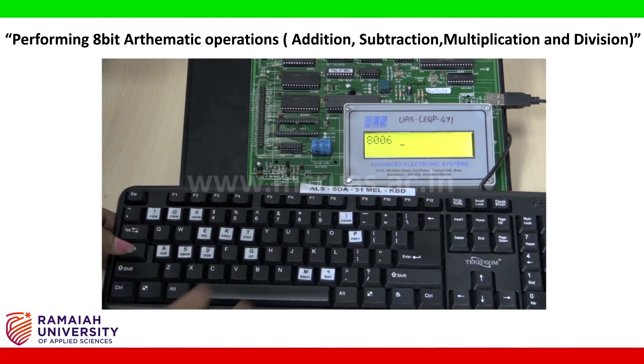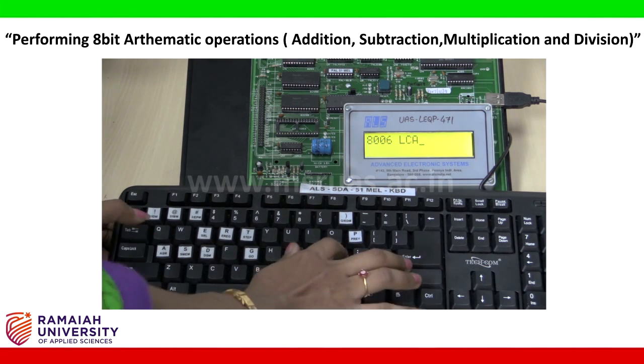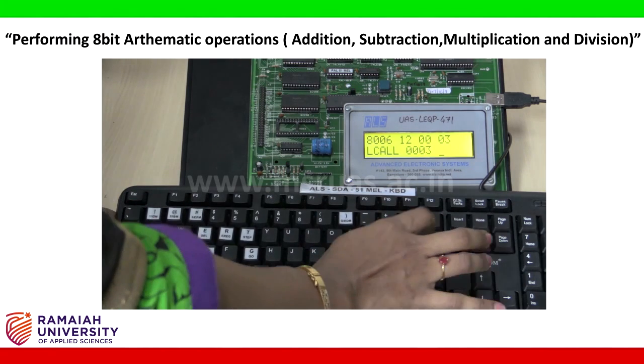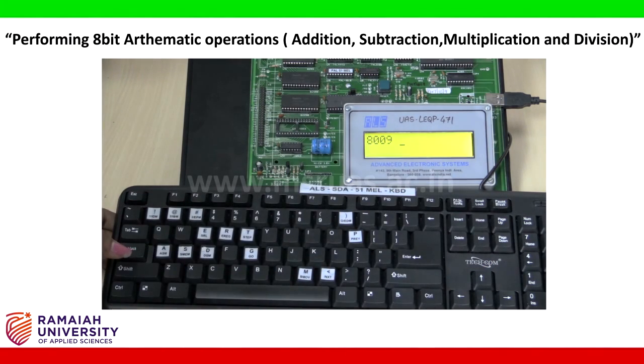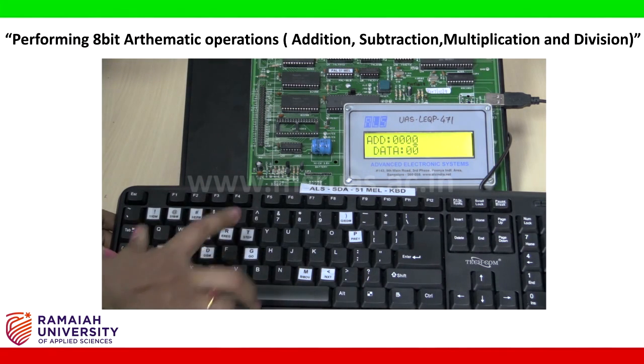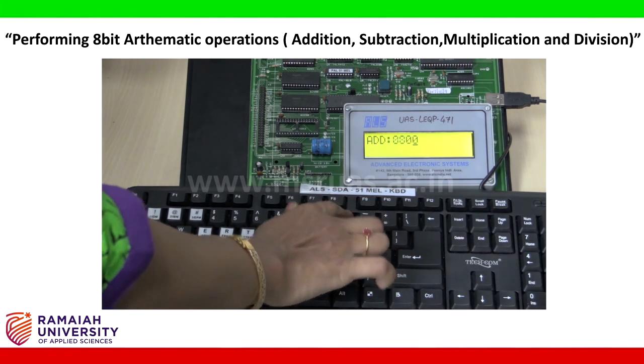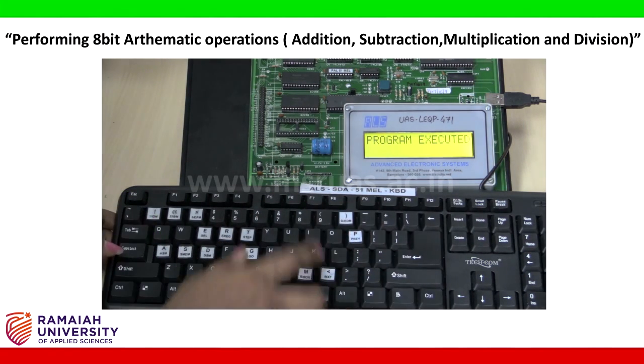Enter twice. Then give LCALL 0003, enter. Once this is done, give reset. Then press go and provide the address location from which you have started, which is 8000. Enter it. It shows program executed.